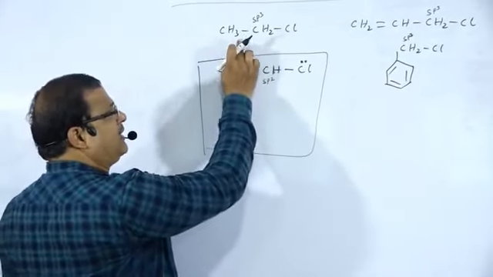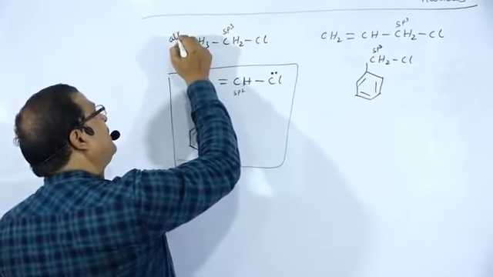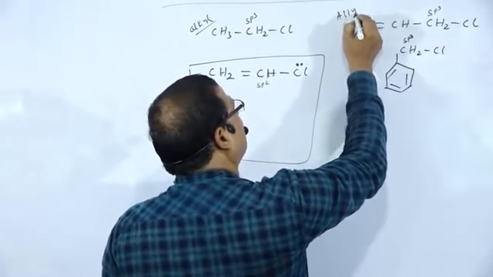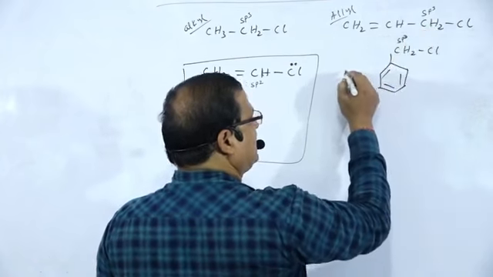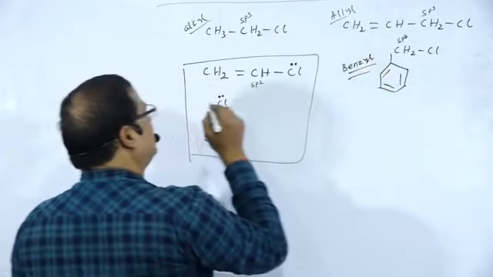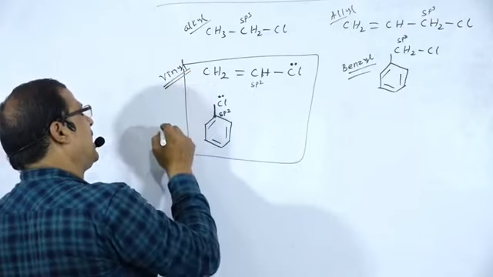So this is alkyl, this is allyl, the CH2=CH-CH2 group is the allyl group. This is benzyl, this is your vinyl, this is aryl.